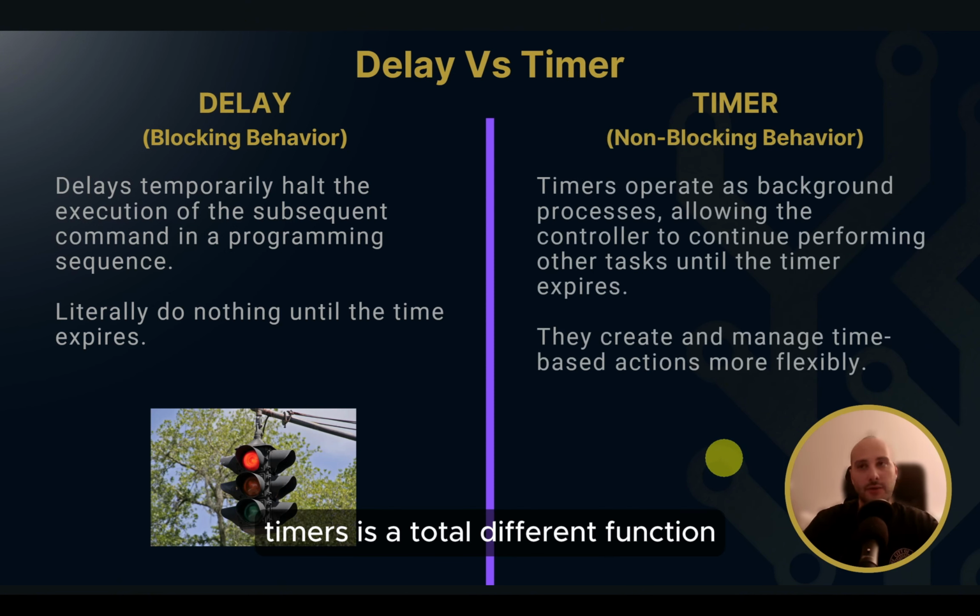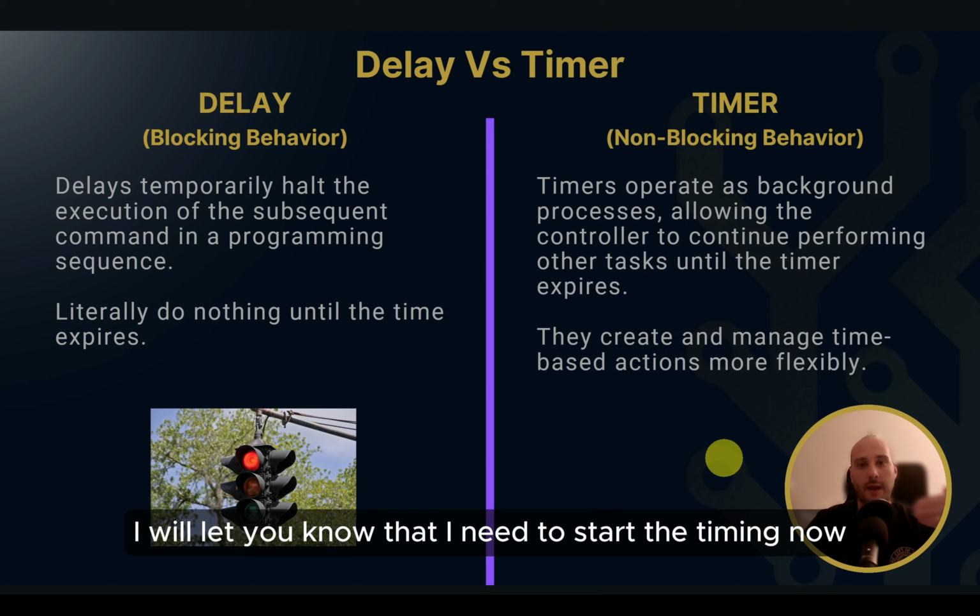Timers is a totally different function inside Director that handles all the timers, not only what you are going to program, and the concept is different. You tell Director, okay, I need to do something in, for example, 20 minutes.